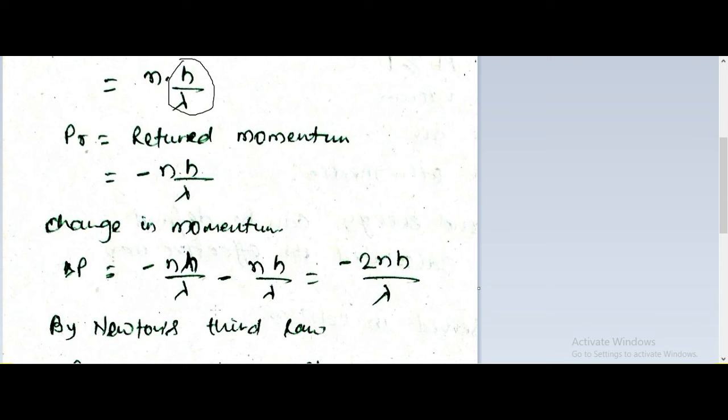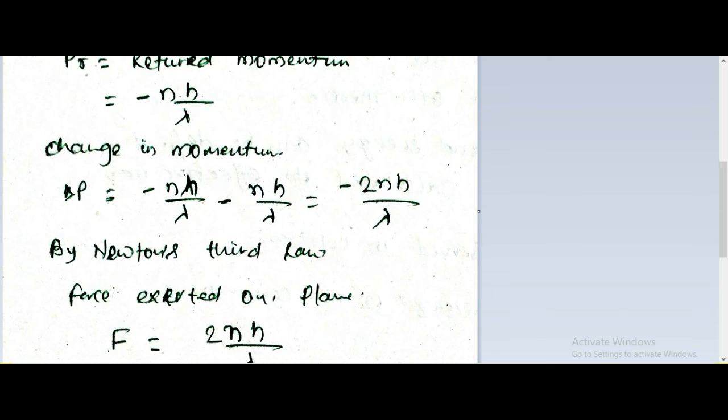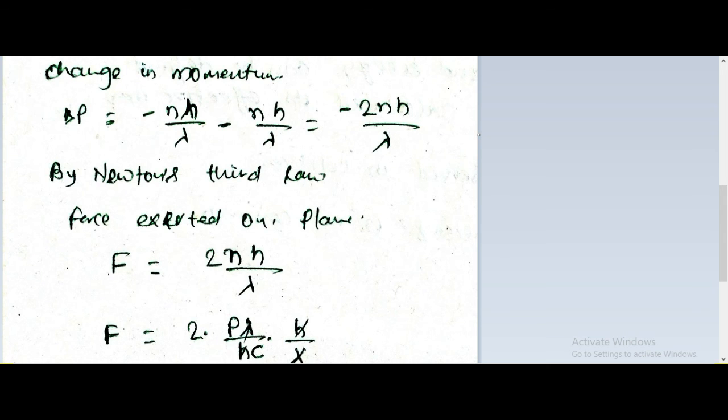Rate of change in momentum is force, so change in momentum per unit time, where time is 1, is minus 2 n h by lambda. According to Newton's third law, action is equal to reaction, so the force exerted on the plane is plus 2n h by lambda.